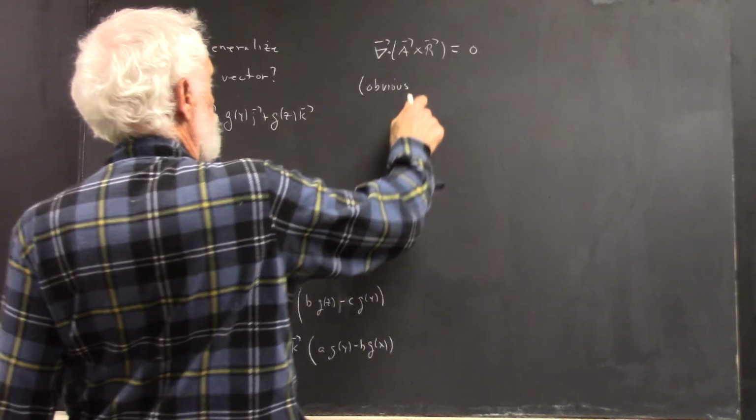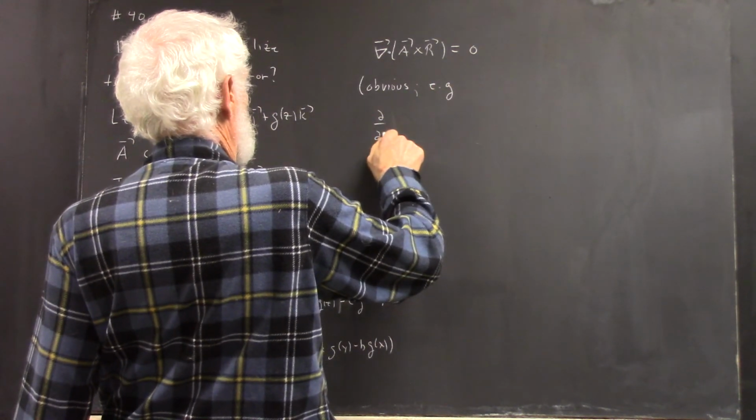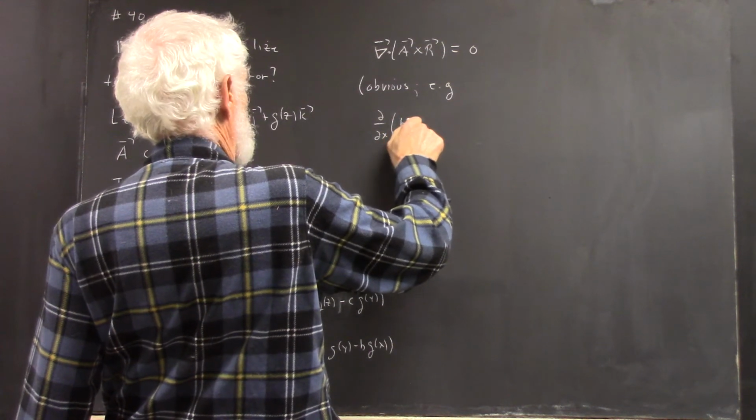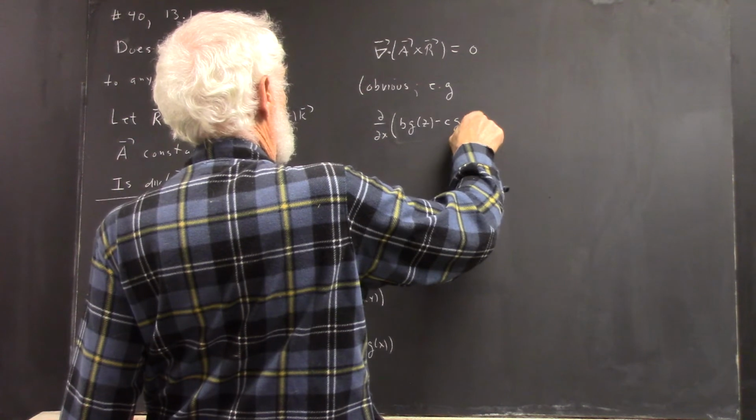It's an obvious, e.g., partial with respect to x of b g of z minus c g of y.